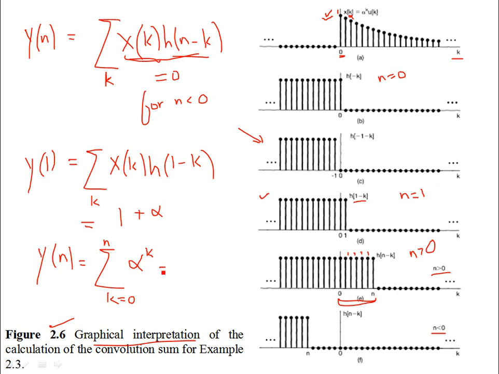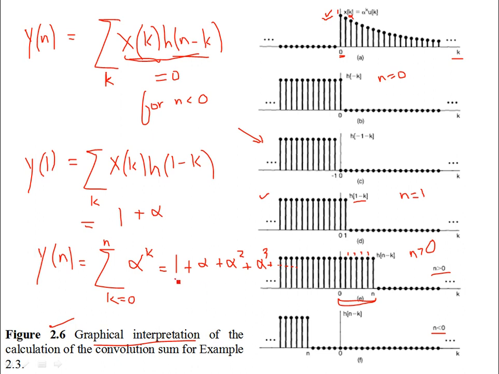Now if you expand this expression, you have 1 plus alpha plus alpha squared plus alpha cubed, where alpha is a real positive fraction, and this trend continues.